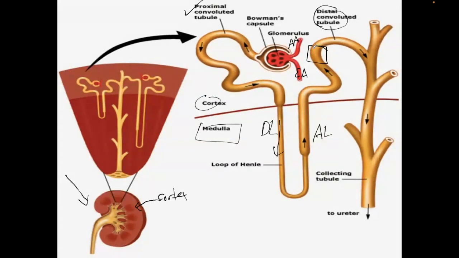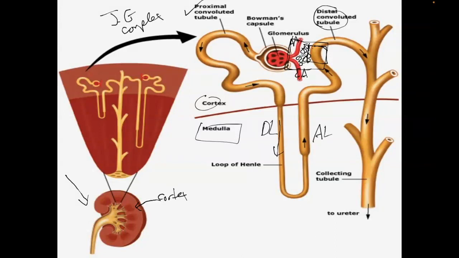So there are lots of cells within this area that are responsible for detecting what the blood pressure is like and what the oxygenation is like within the red blood cells. This region right here, they call the juxtaglomerular complex.